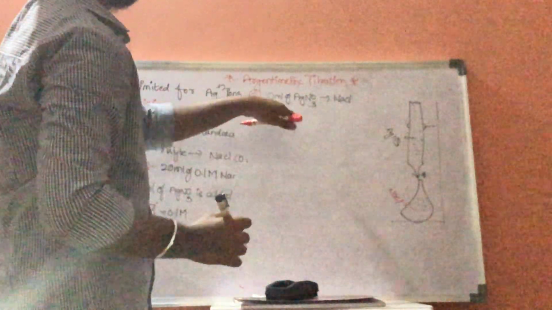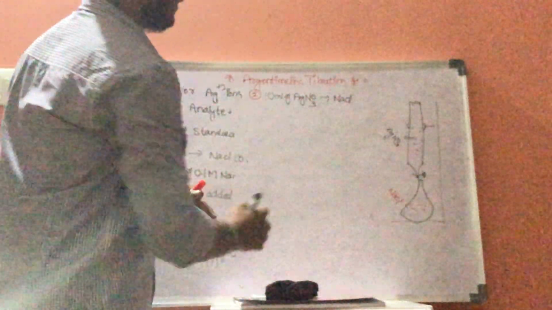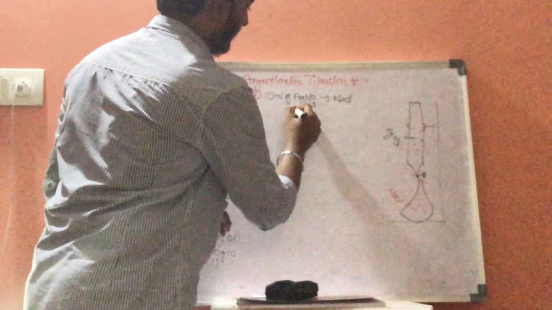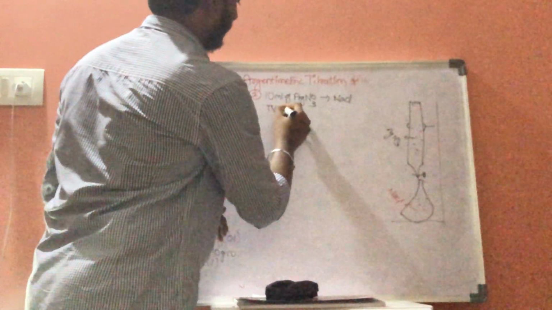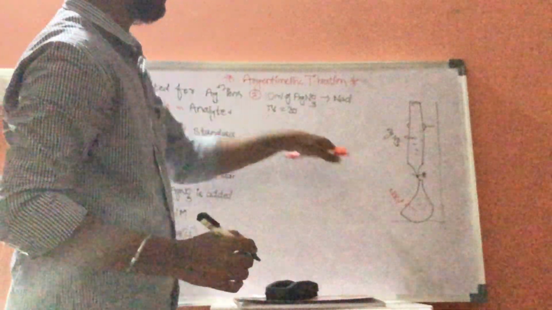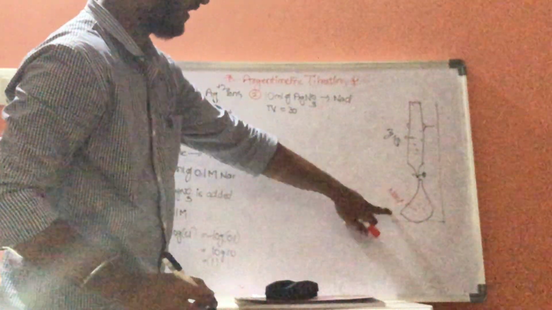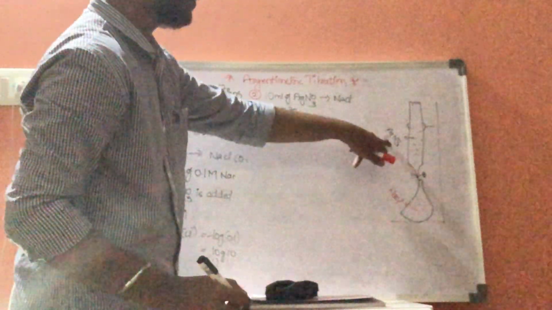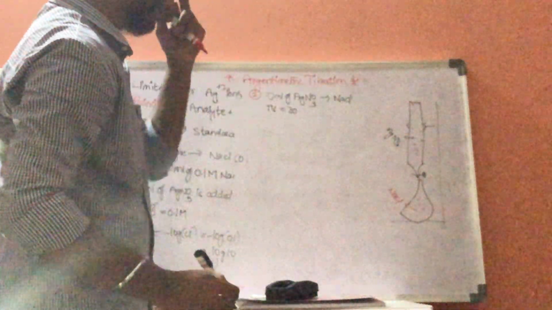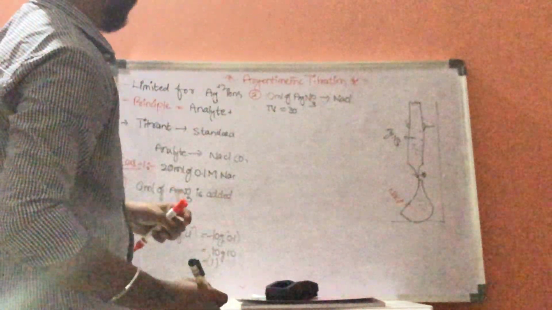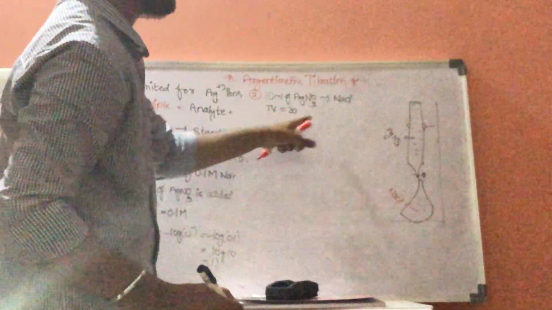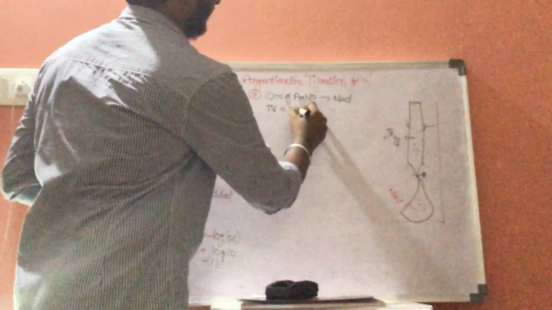Now the total volume in the conical flask will become 30 ml, that is, we already have 20 ml of NaCl plus 10 ml of AgNO3, so the total volume is 30 ml.